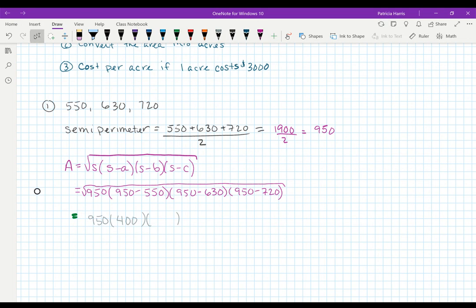That would be 320. And that would be 230 if I were going to do this subtraction. So now I'm going to use my calculator to multiply all of that and take the square root.